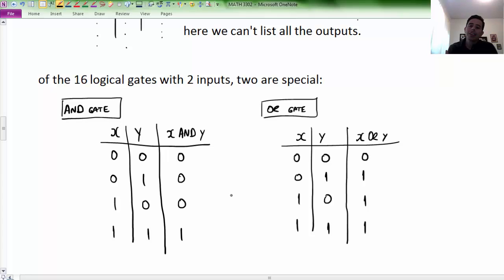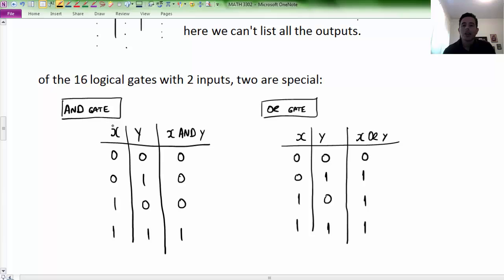So you can see that you could have 16 different gates or Boolean functions, right? One Boolean function could have all zeros: 0, 0, 0, 0. Another Boolean function can have 0, 0, 0, 1. Another one can be 0, 0, 1, 0. So the total number of possibilities is 2 to the 4th power, right? 16 gates.